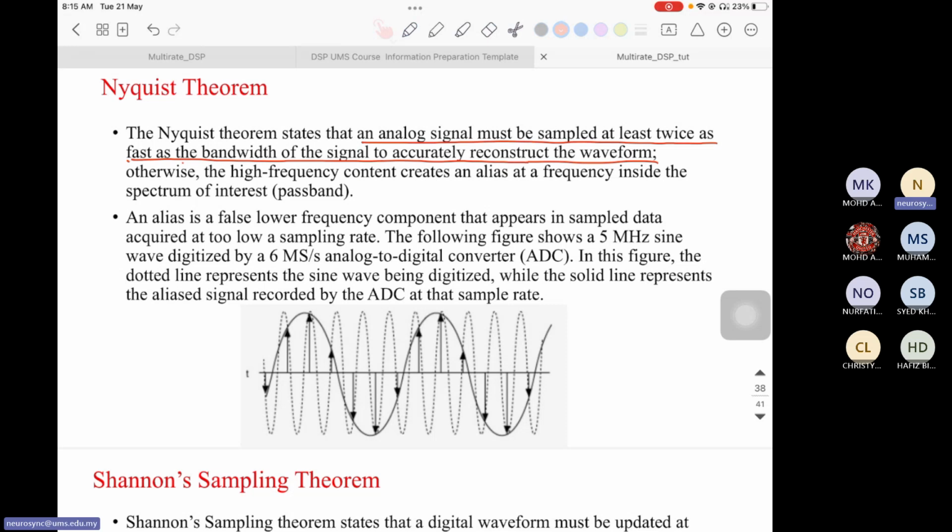The alias is a false lower frequency component that appears in the sample data acquired at too low a sampling rate.